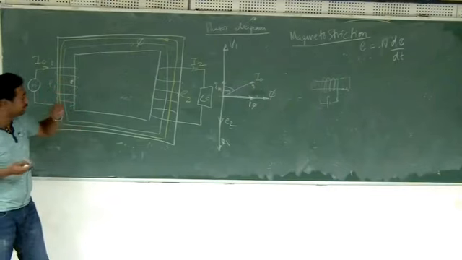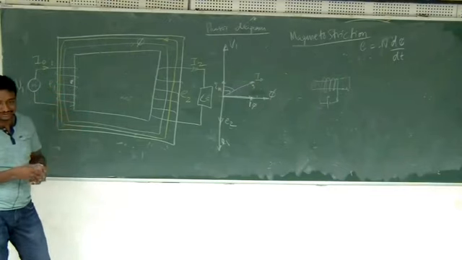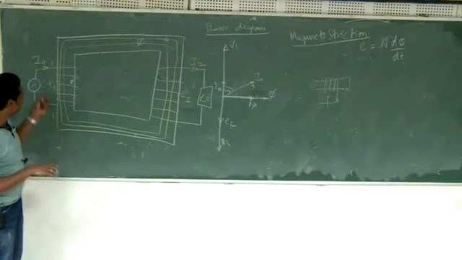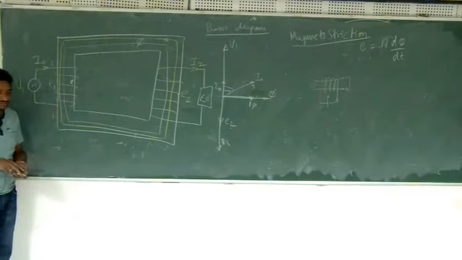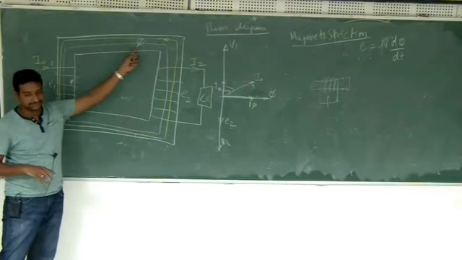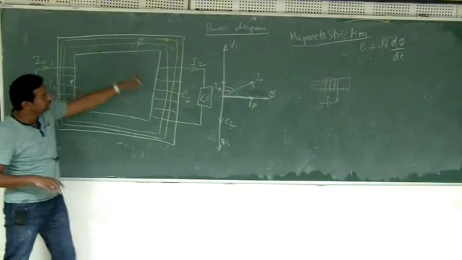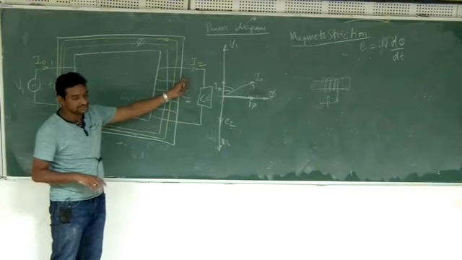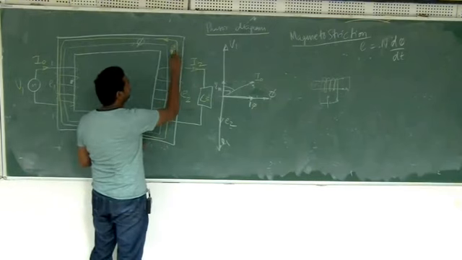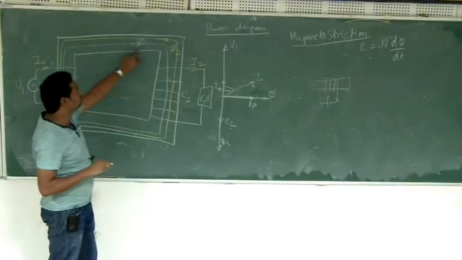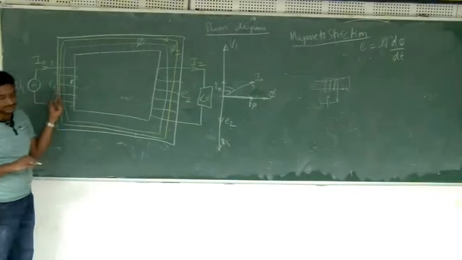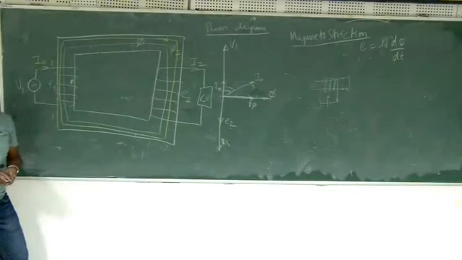So E1 should reduce, isn't it? Why was E1 there originally? E1 was there originally because of this flux. But because of the connection of load, I2 is there. Because of I2, phi2 is coming. I'll call it phi2. And because of phi2, this flux is reducing. So therefore, E1 should also reduce.